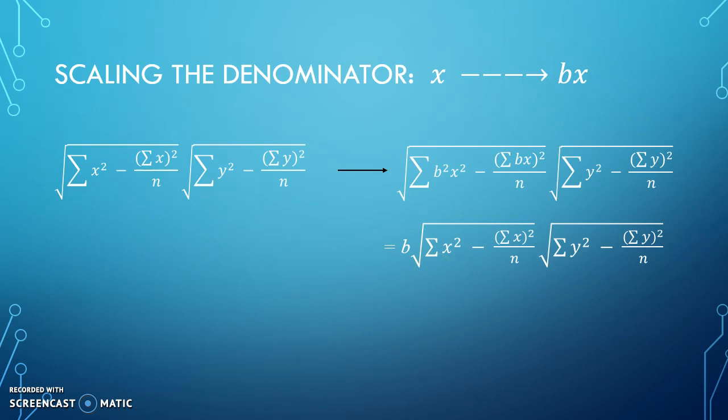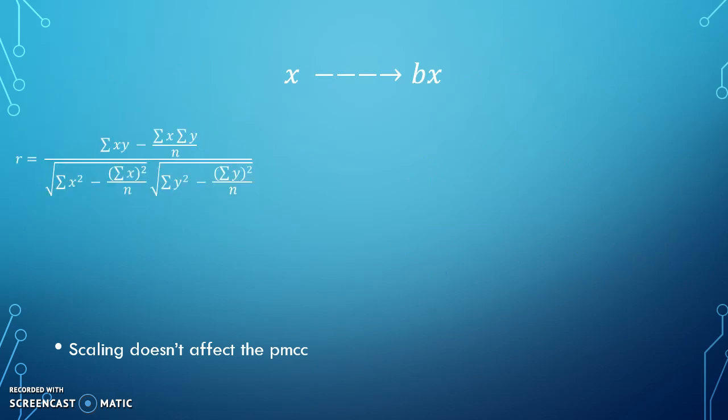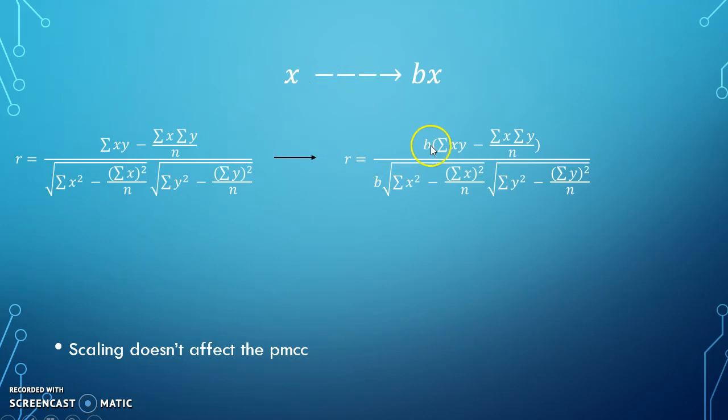If you replace both the scaled numerator and denominator, this is what happens. There's a B in the numerator and a B in the denominator. Because they appear in both, we can cancel it off since it's just a factor.